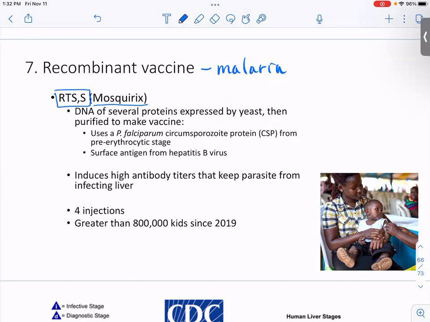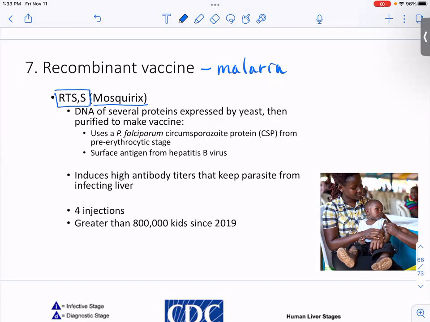We call this a recombinant vaccine because what they've done is used molecular biology techniques to piece together different pieces of DNA that encode for certain antigens. Remember, the causative agent of the most severe kind of malaria is Plasmodium falciparum.